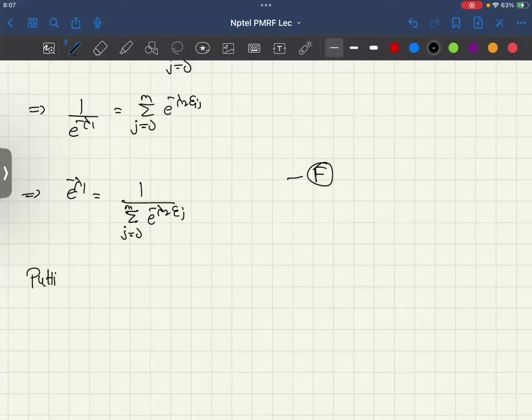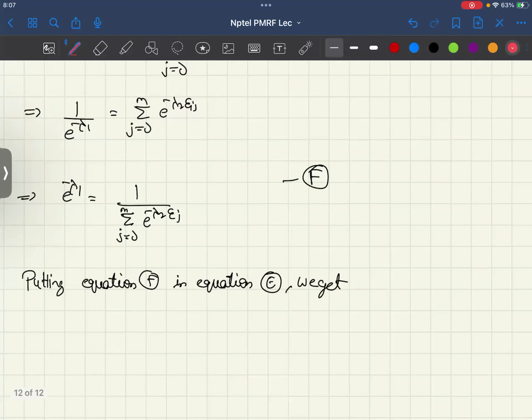Now then, put equation f in equation e, we get nj by summation j equals 0 to l nj is equal to e to the power minus lambda 2 epsilon j divided by summation j equals 0 to l e to the power minus lambda 2 epsilon j, right?